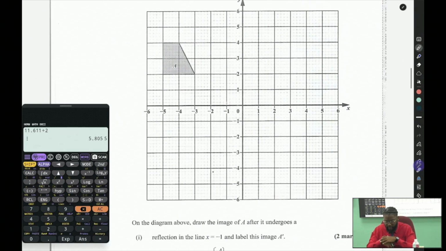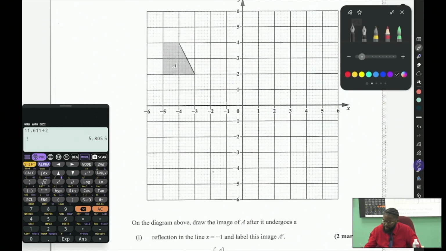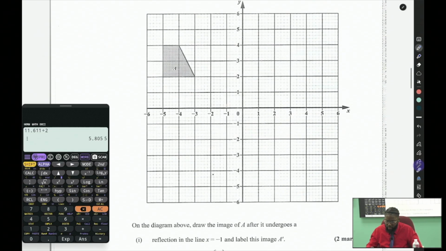So first things first, we need to reflect this trapezium in the line x equal -1. So we need to identify that line first. So we will look on the x-axis to see where x is equal to -1. So it's right here. So that means that it's going to be a vertical line on that point.